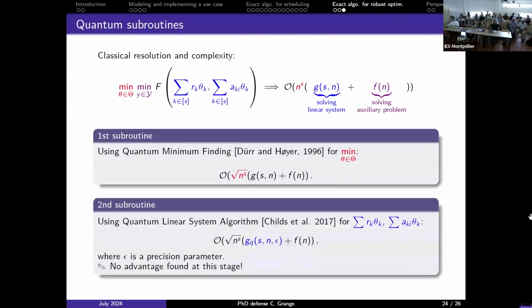Another idea was to use a quantum linear system algorithm, which stems from the HHL algorithm, but it's a newer version, in order to compute the scalar term with the solution of each linear system. It will impact the complexity of G, but because there are precision parameters that come into account, and because there are also errors introduced with this quantum subroutine, today we didn't find any advantage using this quantum subroutine.